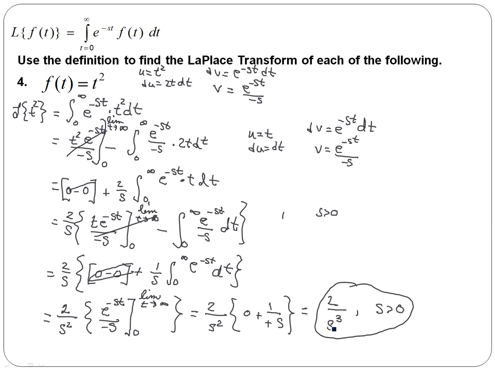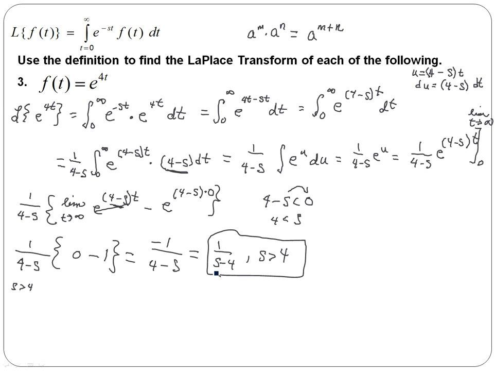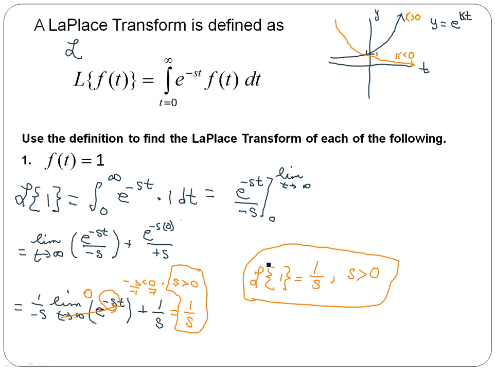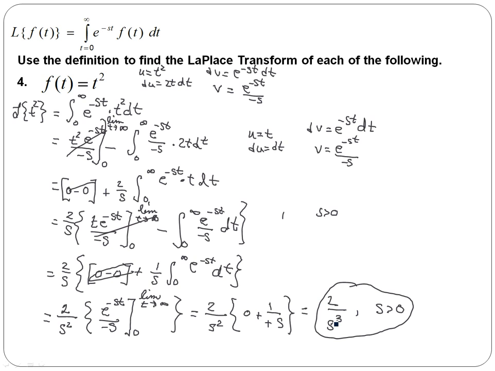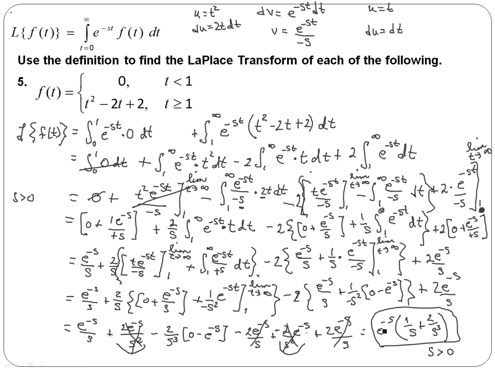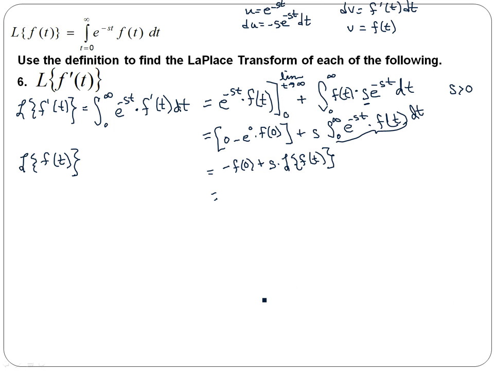Notice all of our answers, the variable s is used to define it: 1 over s minus 4, 3 over s squared, 1 over s, 2 over s to the third, e to the negative s times 1 over s plus 2 over s to the third. When you take the Laplace of a function, you end up with a function of s.